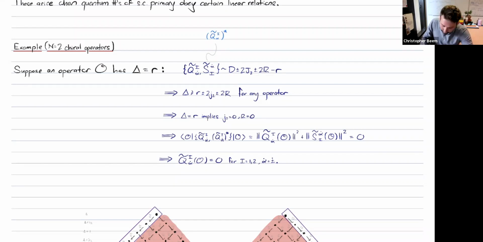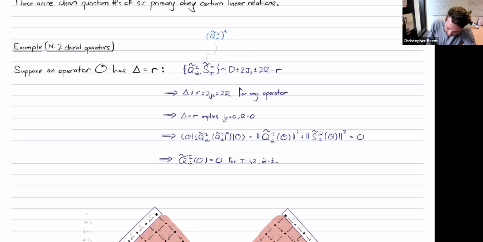And if you stare at this for a minute, you see that, first of all, because this is the anti-commutator of Q with its adjoint, an operator which is diagonalized by this set of quantum numbers, the combination has to be non-negative. That's the same way that we get our usual unitarity bounds in conformal field theory.